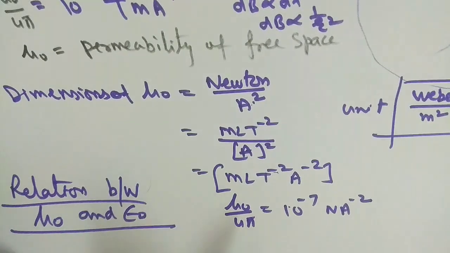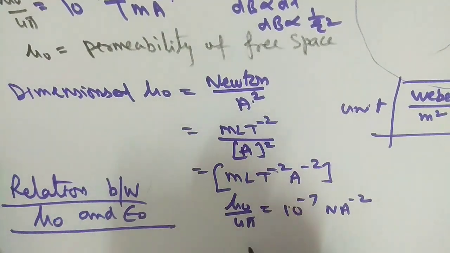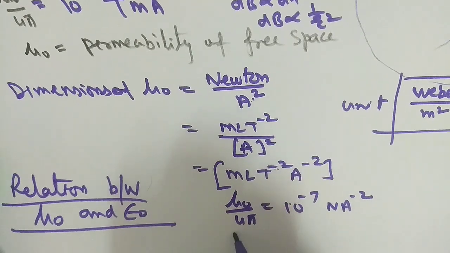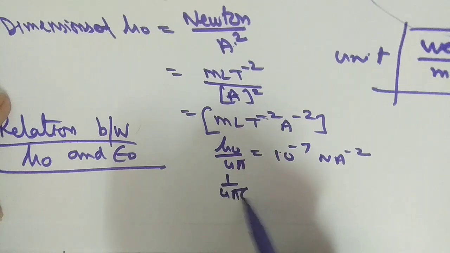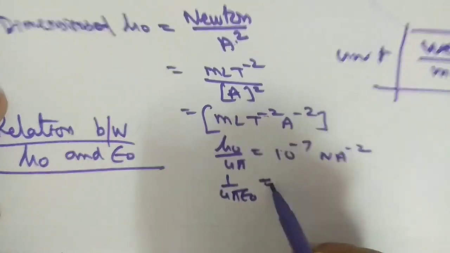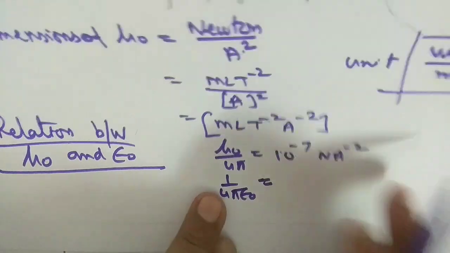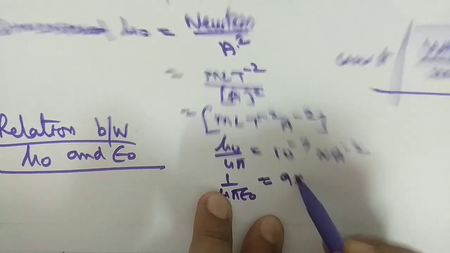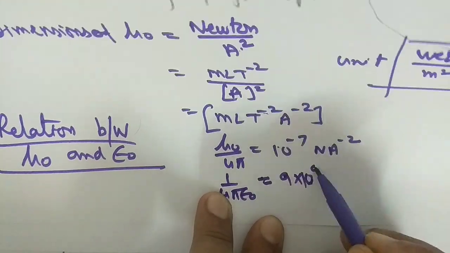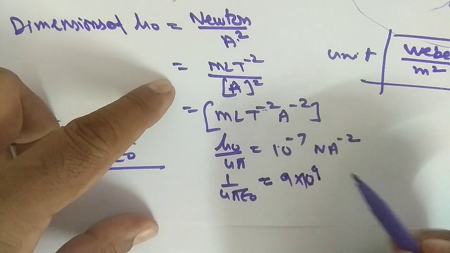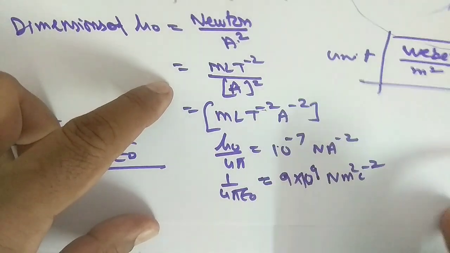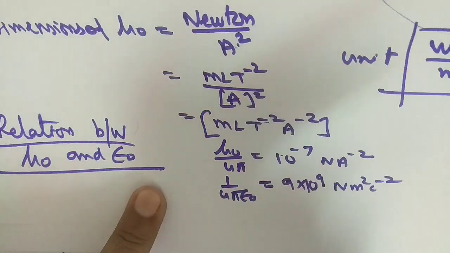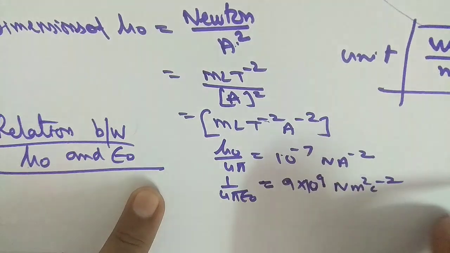And you know very well 1 upon 4 pi epsilon naught is equal to 9 into 10 to the power 9, and the unit, can you remember, it is Newton meter square per Coulomb square. Just see the first chapter of this 12th class.